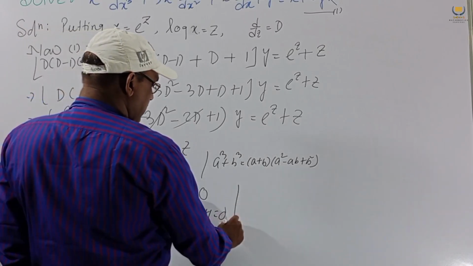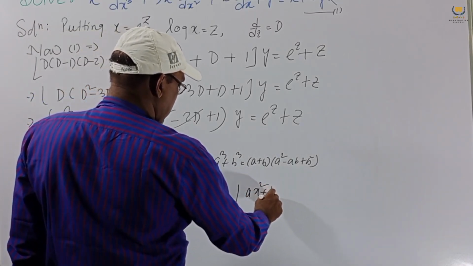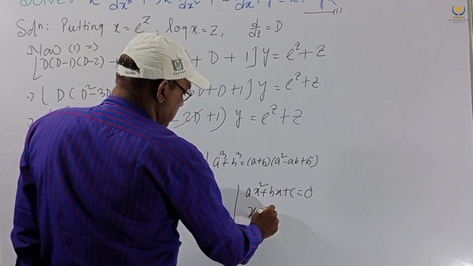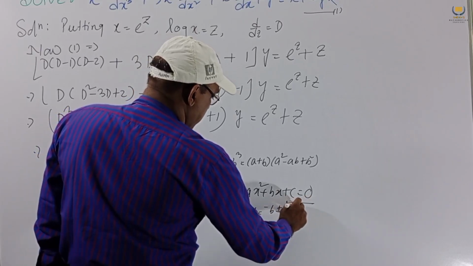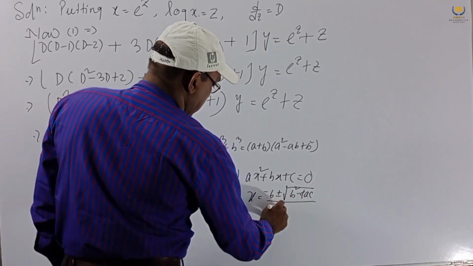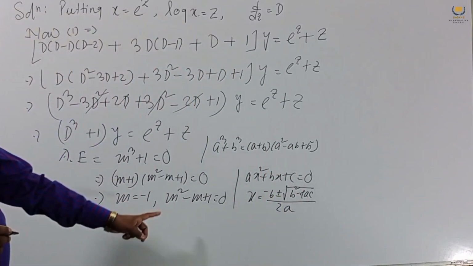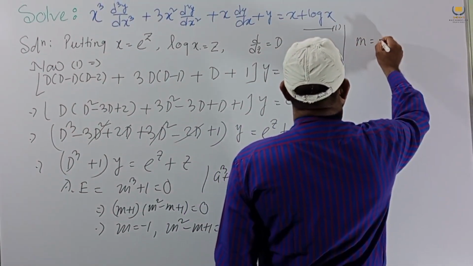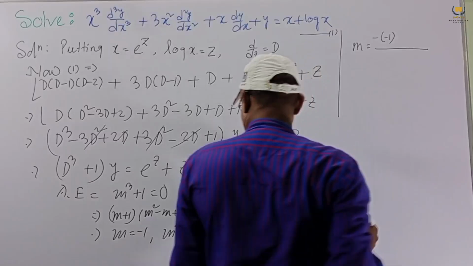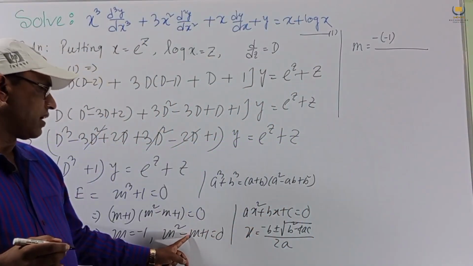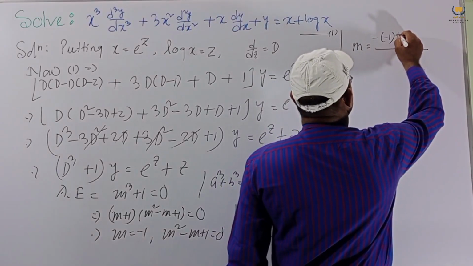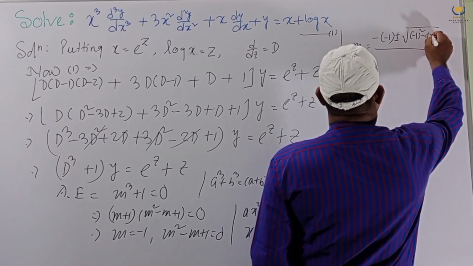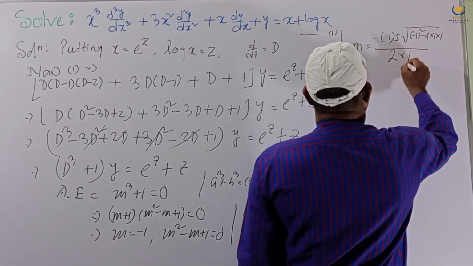If we are unable to factorize, then we consider the quadratic formula. This is a quadratic equation, so x equals minus b plus or minus root of b square minus 4ac, by 2a. Using this formula, m equals 1 plus or minus root of (minus 1) whole square minus 4 into 1 into 1, by 2 into 1.